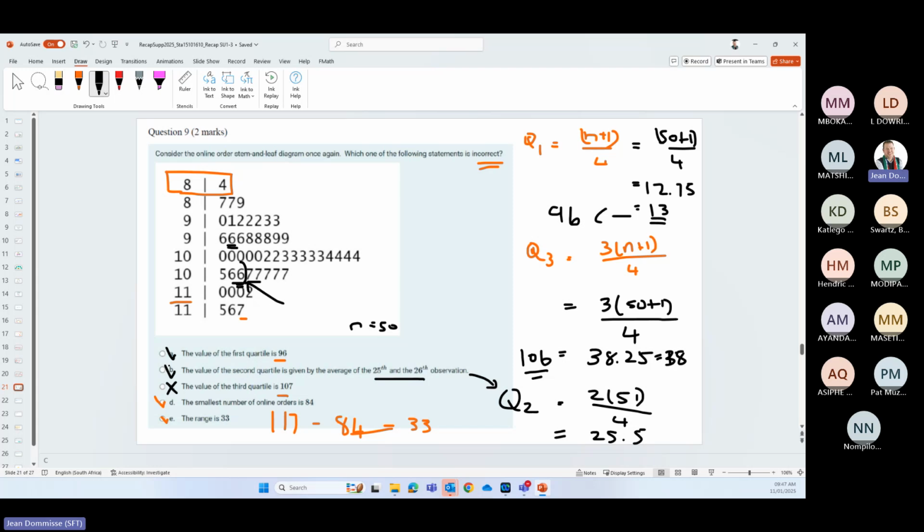They will not ask you, if this was an exam question, to work out the mean. With the mean you need to add everything, 15 numbers, so they will not ask that. They might have asked you what the mode is.